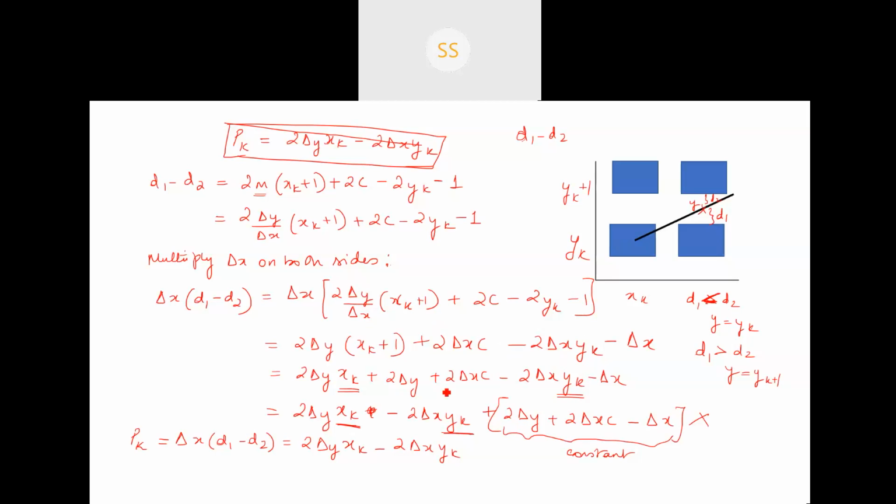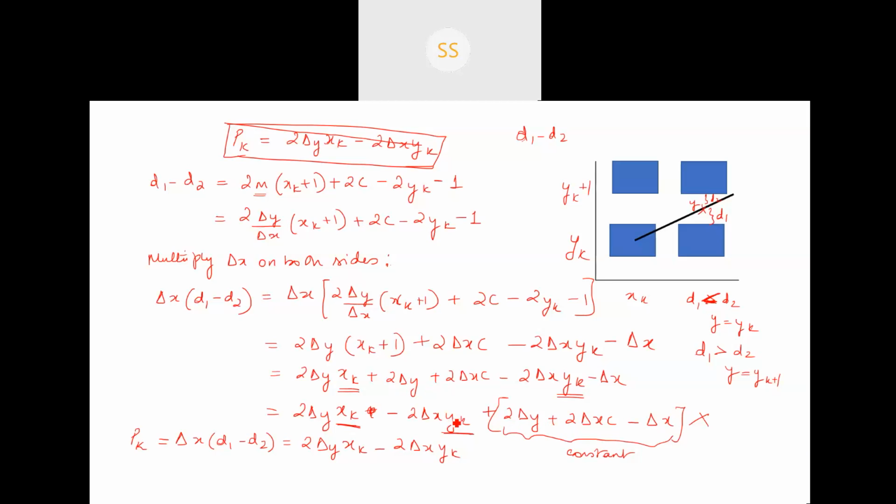After that, I'm segregating the elements in my equation on the basis of varying elements and the constant elements. Now, in the case of my decision parameter, I don't want my constant elements to be used again and again because it is always going to give the same value. So that doesn't make much change in my decision parameter.